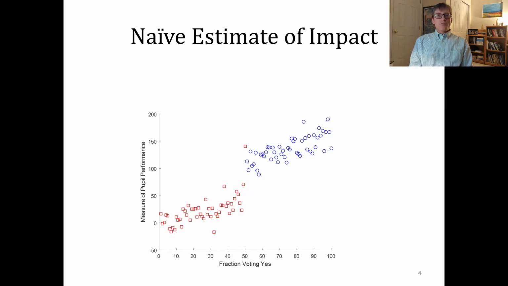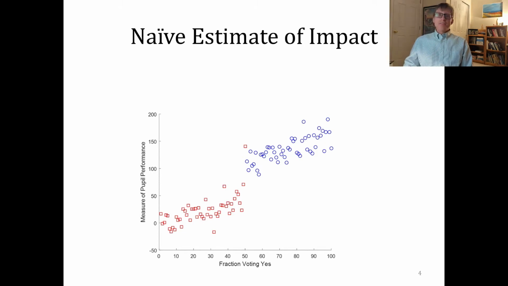Here is a graph that shows some hypothetical measure of student performance on the vertical axis, and the fraction of voters who voted to approve a new school building on the horizontal axis. A naive way of estimating the impact of a new school building would be to simply look at the average difference in outcomes among the two sets of school districts, one which built a new school and one which did not.